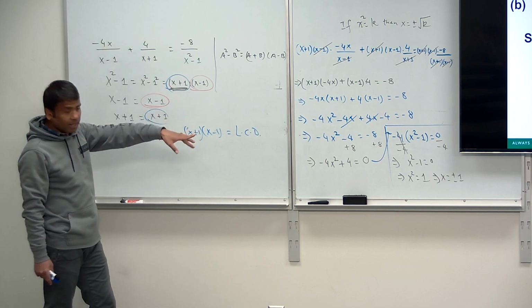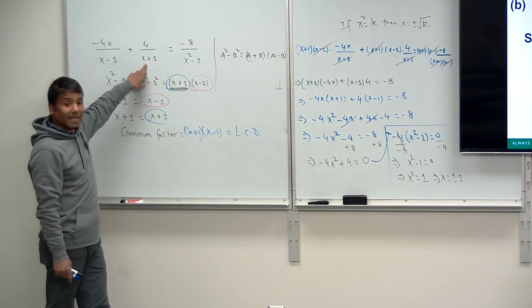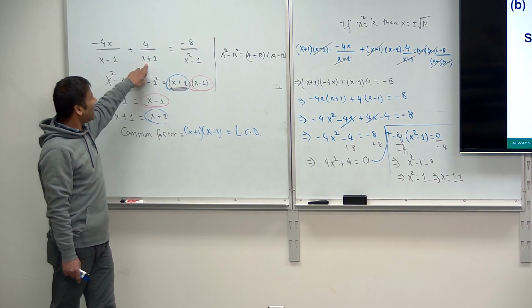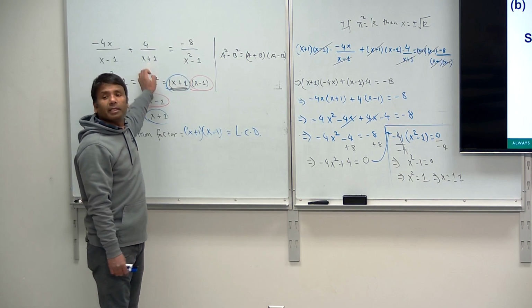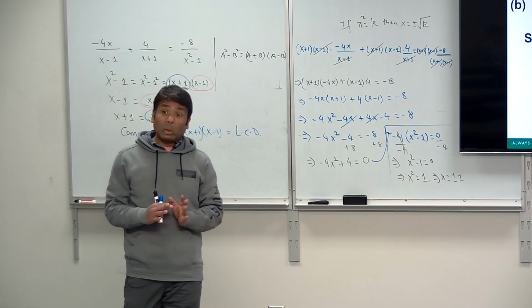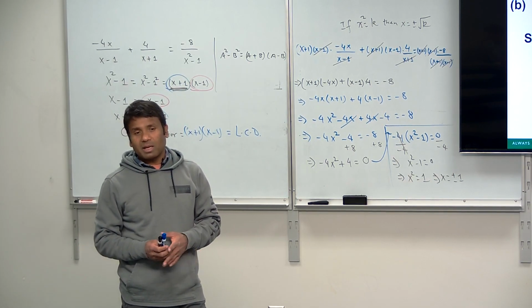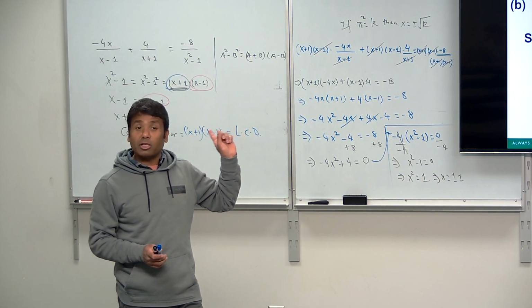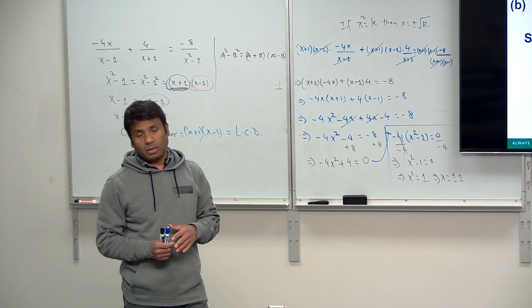So x equal to 1 cannot be a solution. Now what value of x makes x plus 1 zero? Negative 1. You see that? So the positive 1 and negative 1 both cannot be a solution. So that means this rational equation does not have a solution. No solution. Okay?